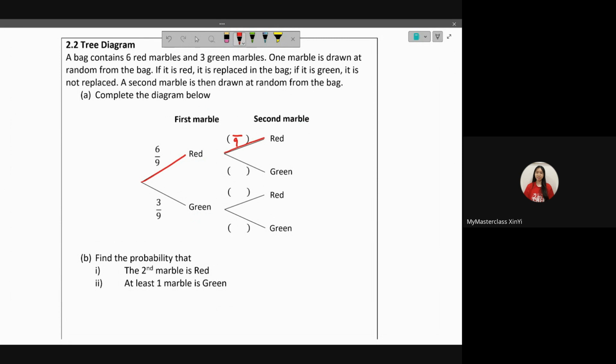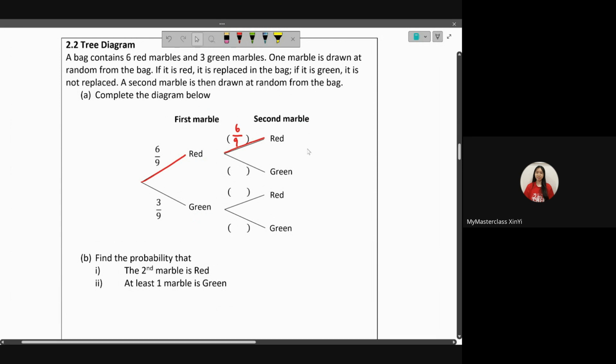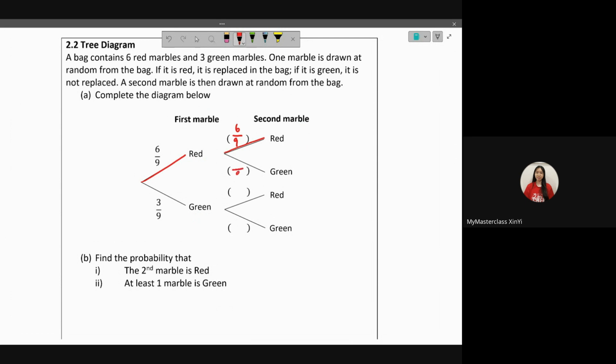The possibility of you drawing red again is still 6 over 9 because that ball is replaced. Then for green, it is still the same, 3 over 9. So that is under the first branch.